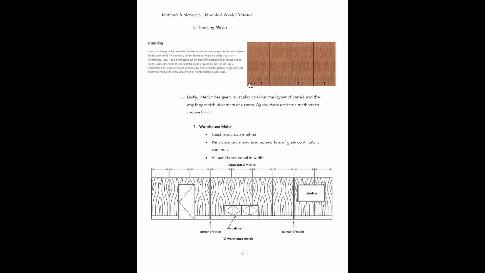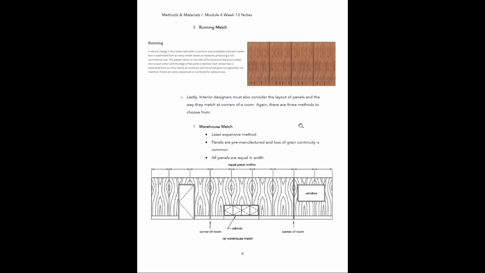So they're just going to take a bunch of these random widths and put them against each other and then just do a bunch of panels one after the other. And this is going to be the least expensive, but usually it's the least desirable as well, just because a lot of people prefer the symmetrical look that the other 2 options provide.